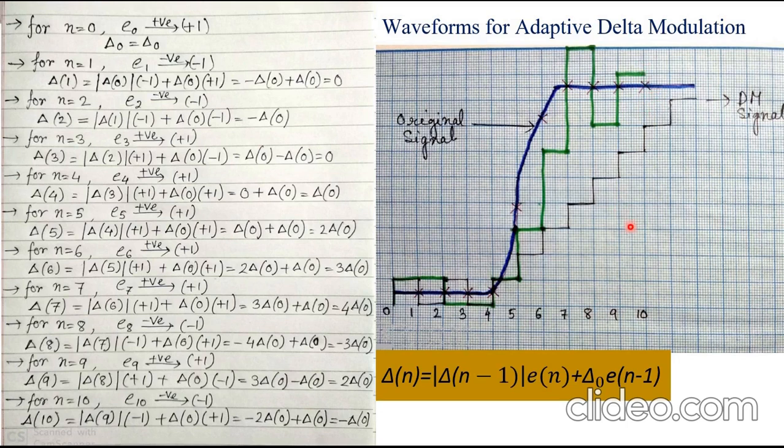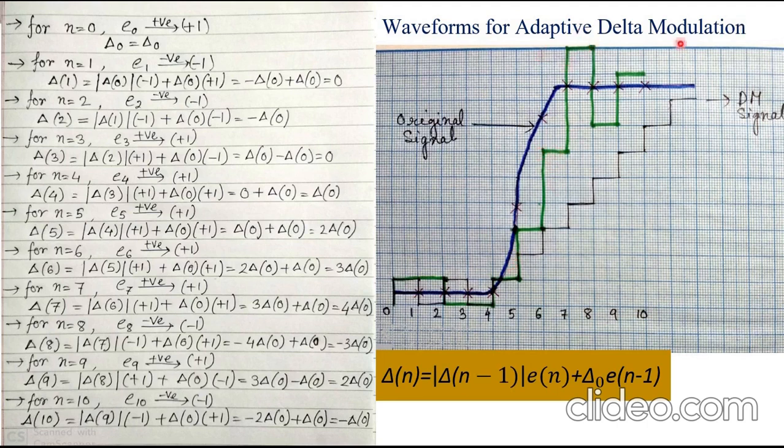If you observe this much amount of gap that we have felt, so we can reduce granular noise. This is what we are reducing, granular noise, and here we are reducing slope overload distortion. So these two noises are what decrease here using adaptive delta modulation.